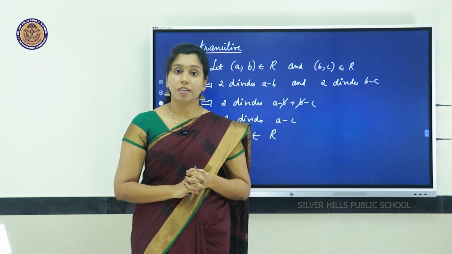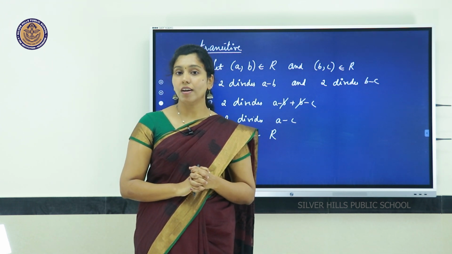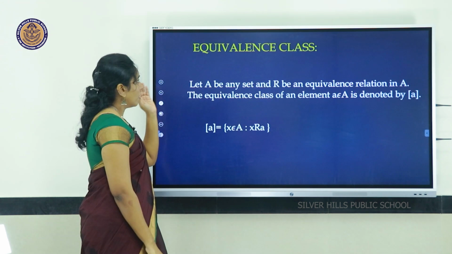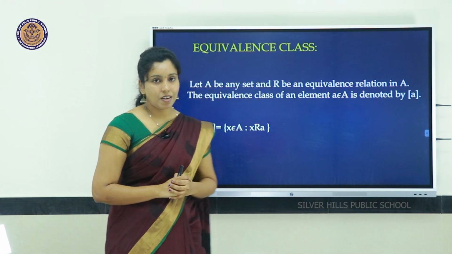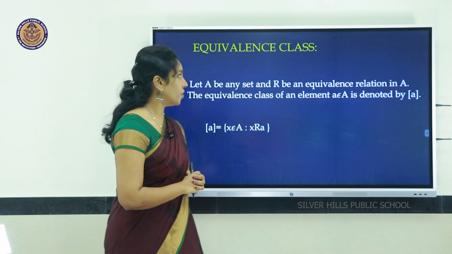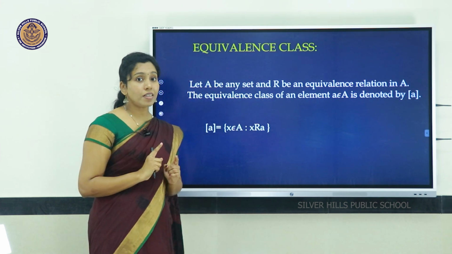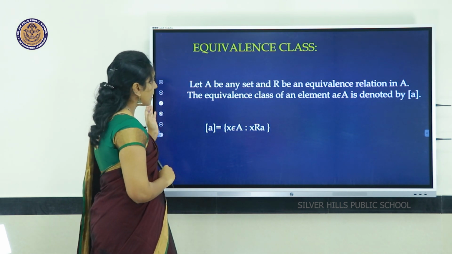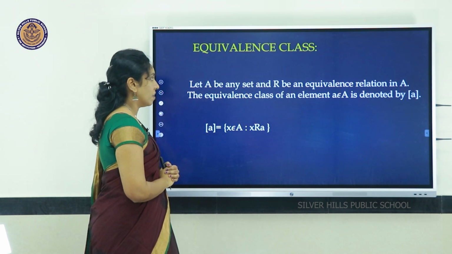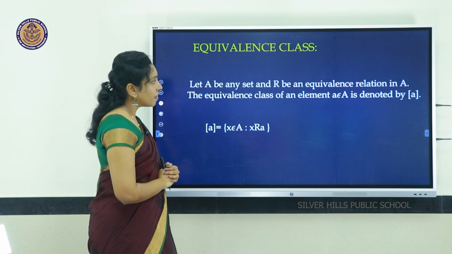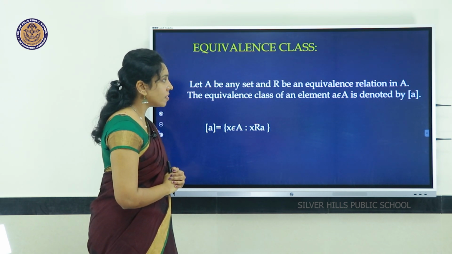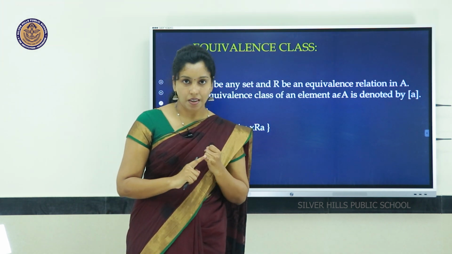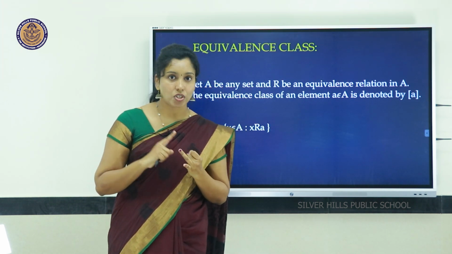Now, let us move to a different topic, that is called equivalence class. What is the definition of an equivalence class? It is not equivalence relation, it is equivalence class. Let A be any set and R be an equivalence relation in A. So, you have a set A and you have a relation on that set.